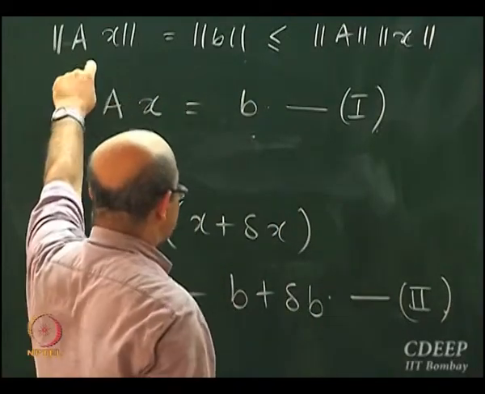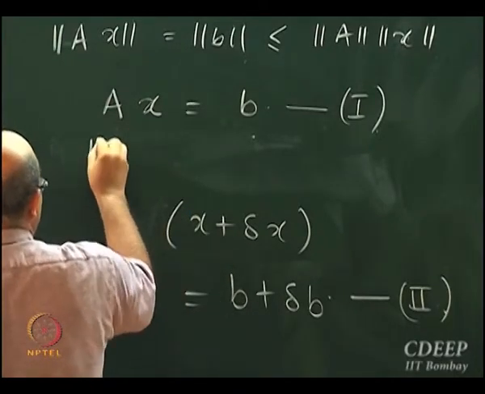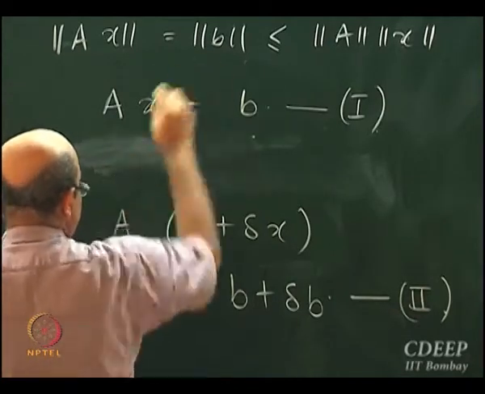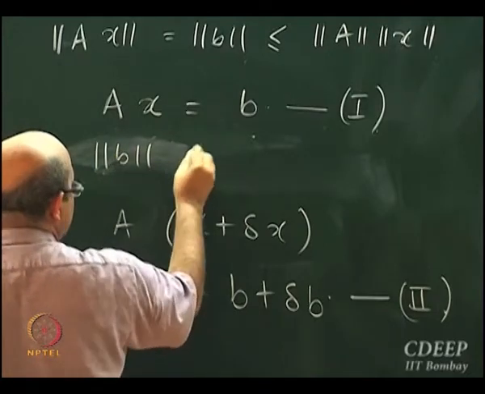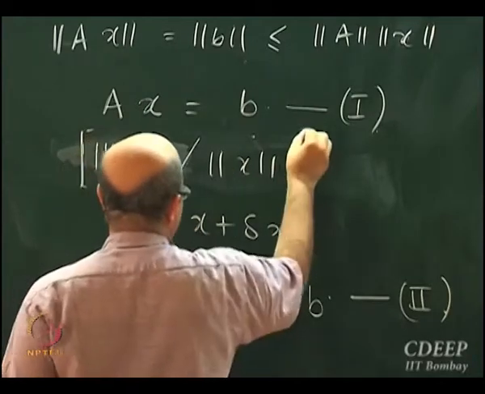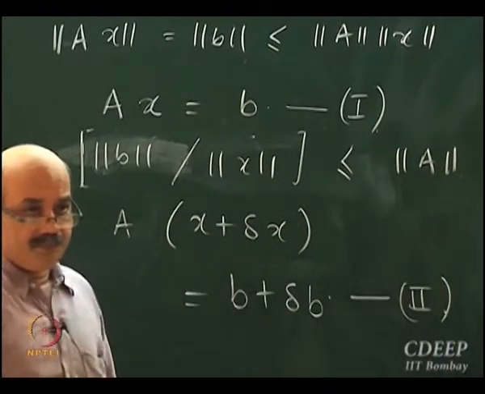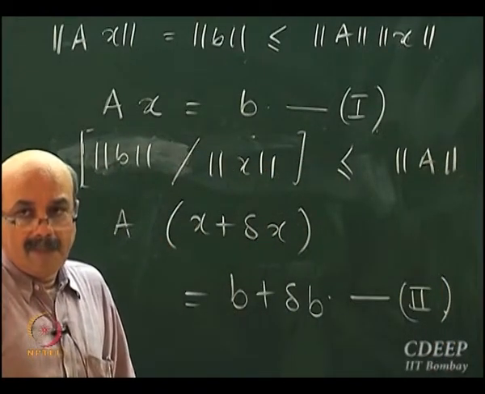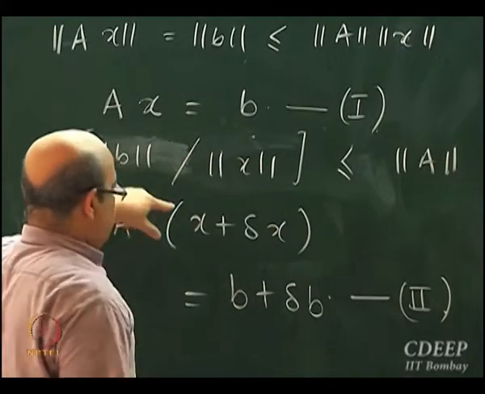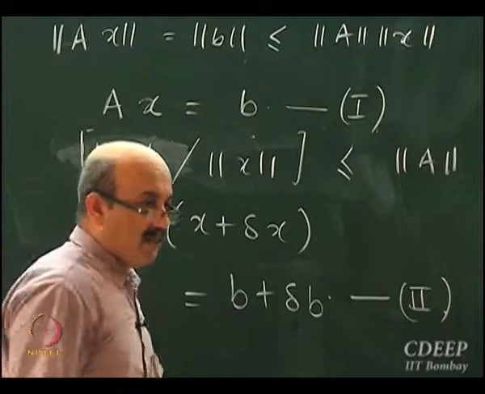So this particular inequality gives me norm B divided by norm X. This quantity is always bounded by norm A.